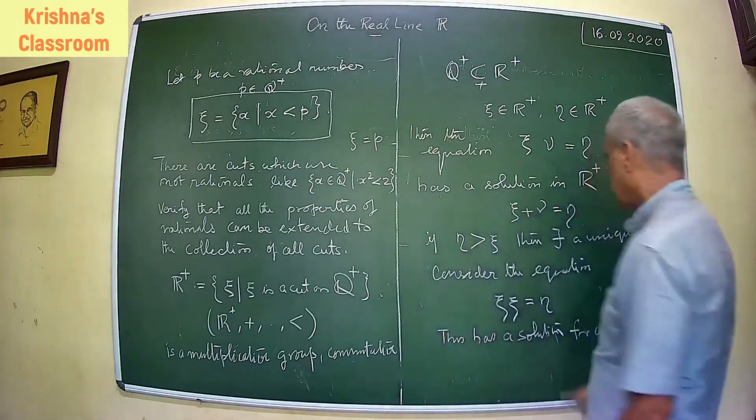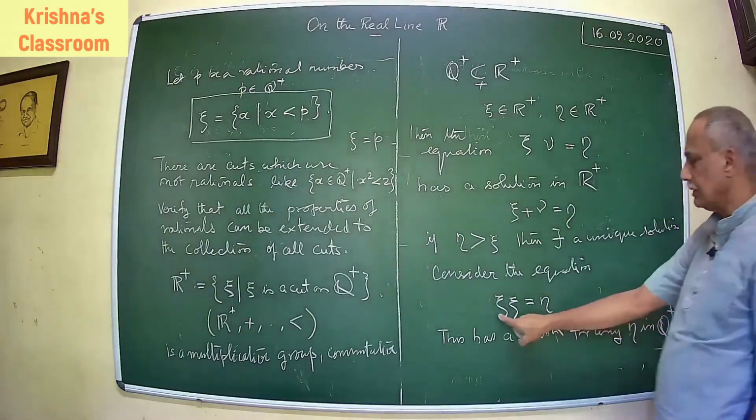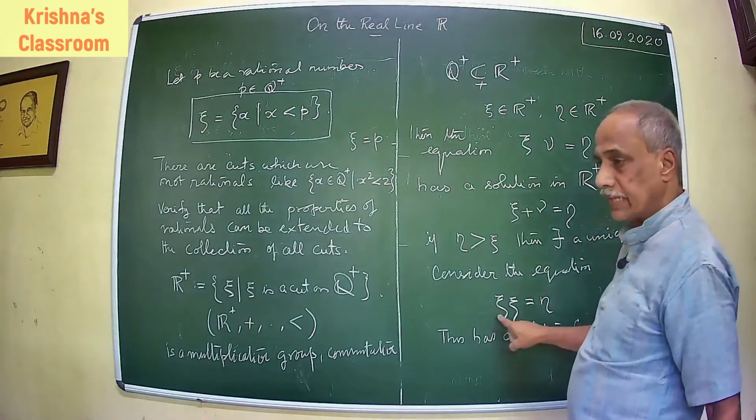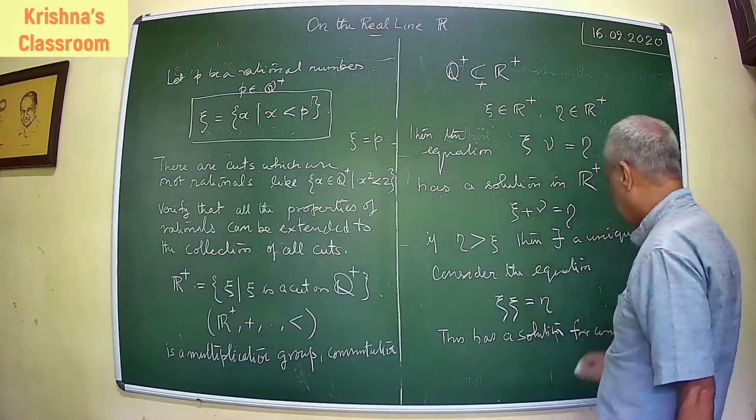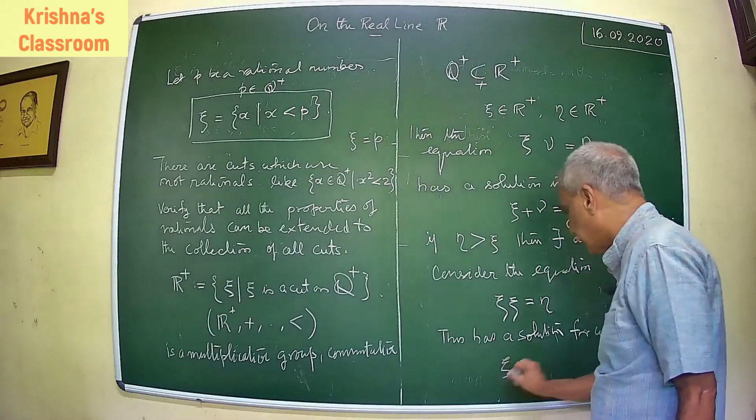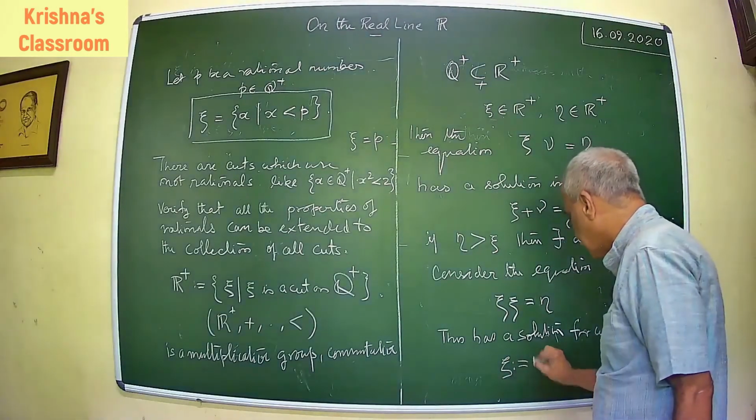That means given eta, there exists a psi such that psi into psi is equal to eta, which you designate by psi is defined as square root of eta.